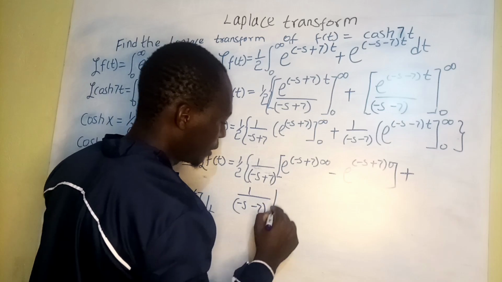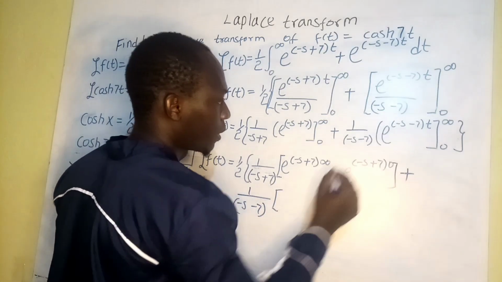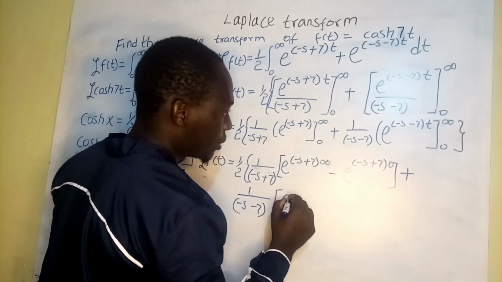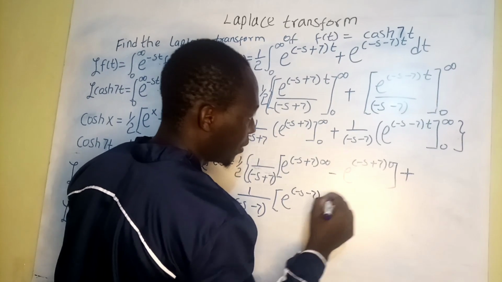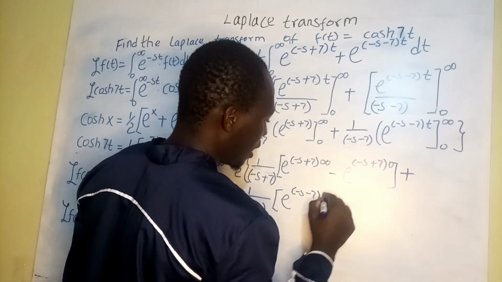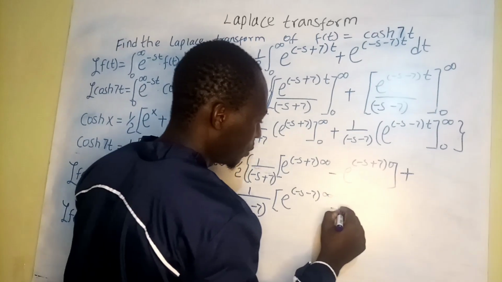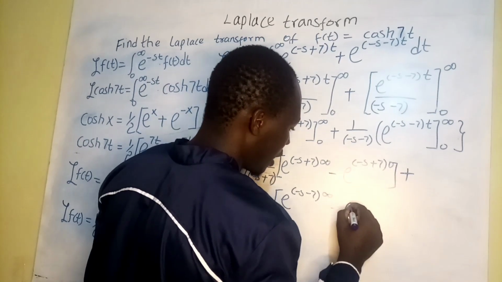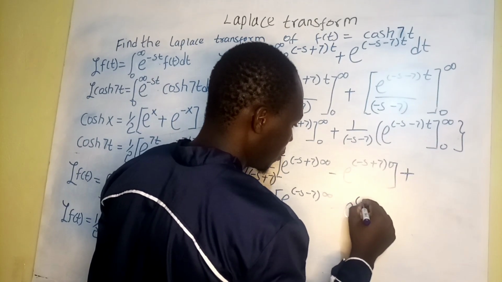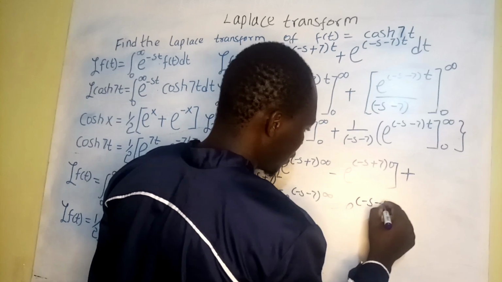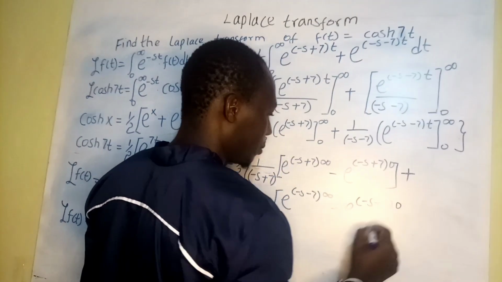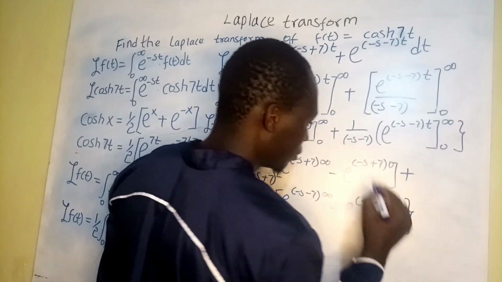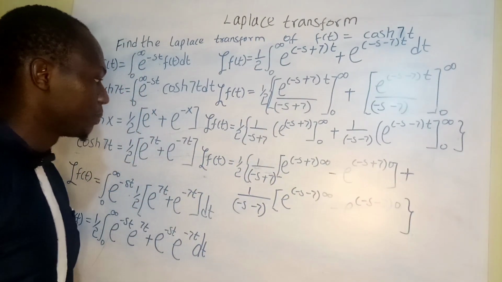We come and multiply by exponential negative s, we subtract from 7. We come and insert our upper class limit. We subtract from exponential in bracket negative s, we subtract from 7. And we come and insert the lower class limit. We close our bracket.